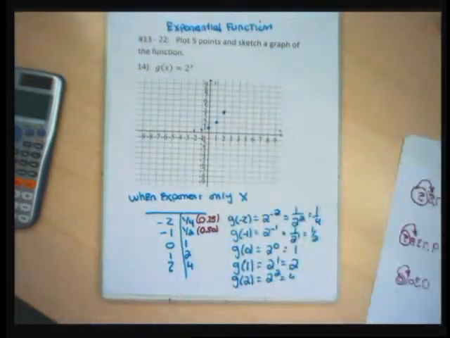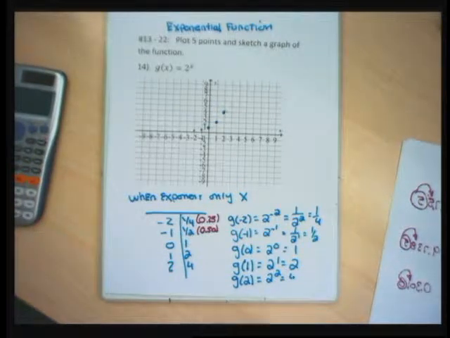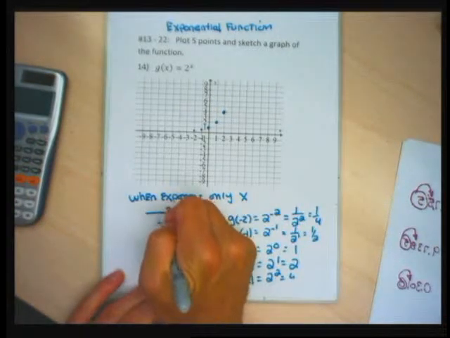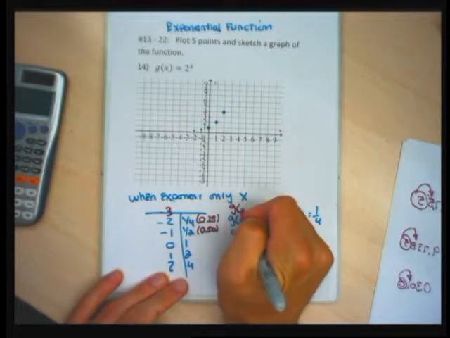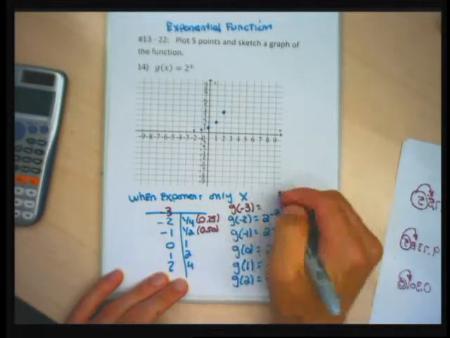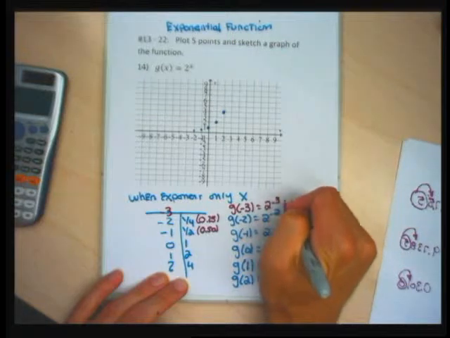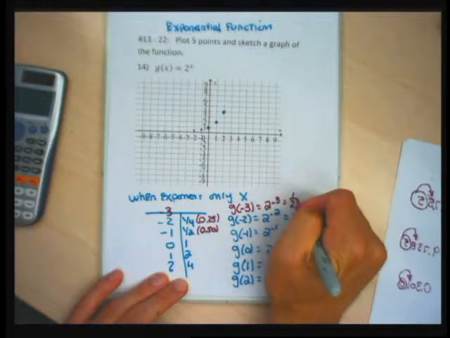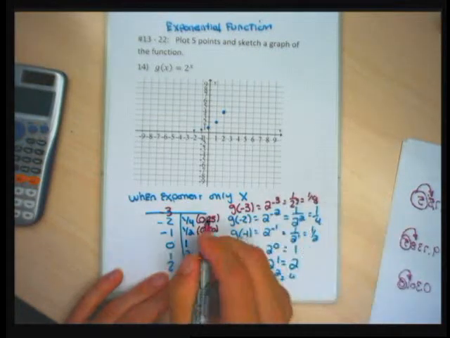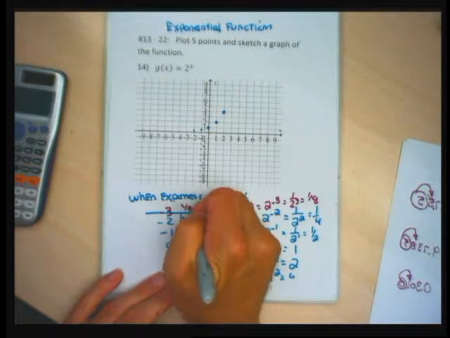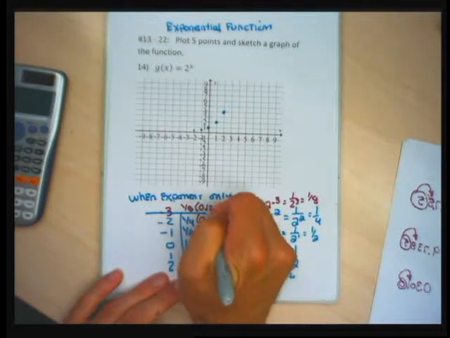That for me is enough to complete a graph. Because it's our very first graph, I'm going to do 2 extra points. I'm going to do a -3 just as a bonus. g of -3 is 2 to the -3, which is 1 over 2 cubed, which is 1/8, and my calculator knows its decimal is 0.125.